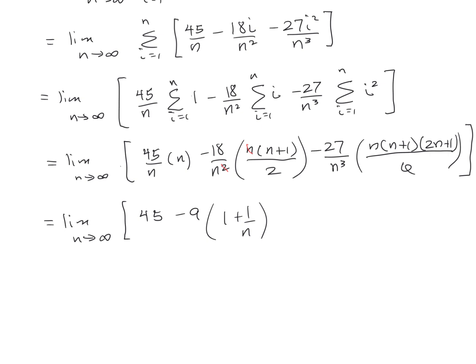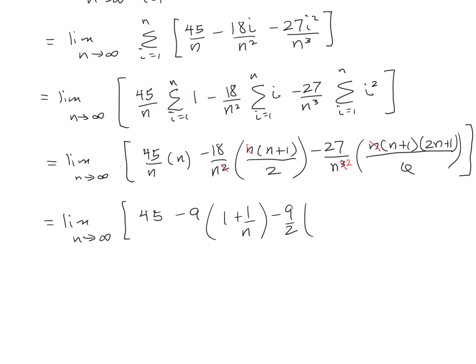And then back here, what we can do is reduce this down as well. We can strike out one of those n's to make that n squared. Cancel out that n. And then we can reduce 27 divided by 6. Dividing each of those by 3, we get 9 over 2. So that's going to be minus 9 over 2.